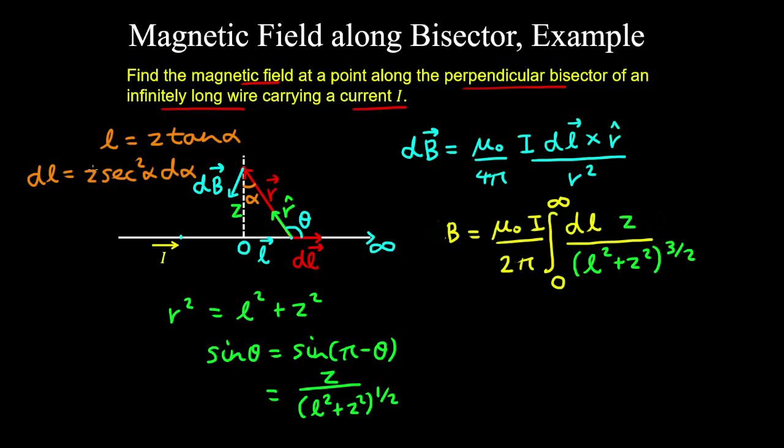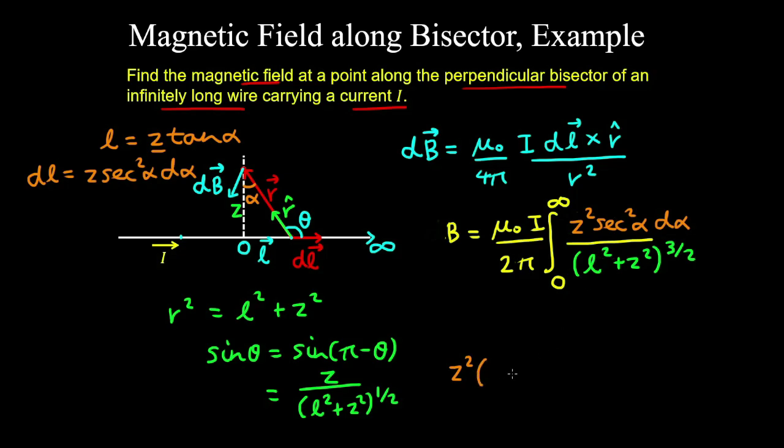So therefore in the numerator we have Z squared sec squared alpha d alpha, and in the denominator we have L squared, which is Z squared tan squared alpha, and we'll factor out Z squared.